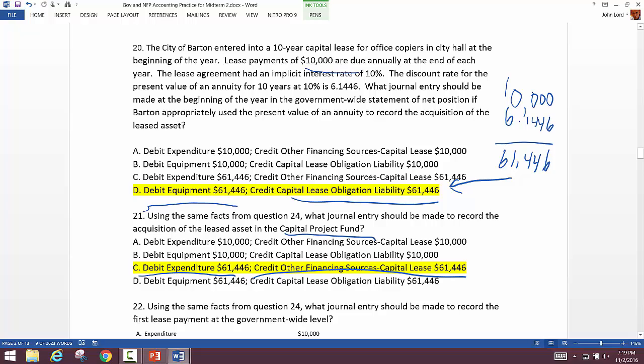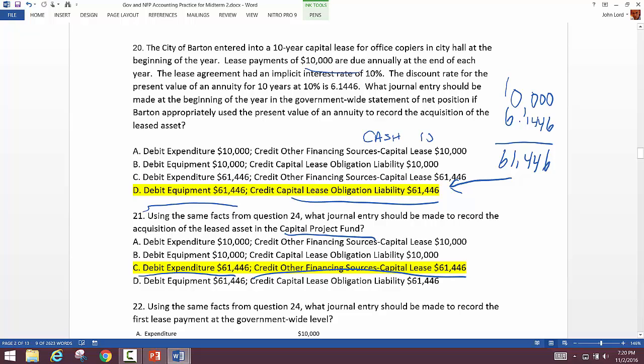I'm at government-wide. I want the entry government-wide. Well, I'm making a payment. When I make a payment, I debit cash? Government-wide. Can I start with the credit to cash, please?